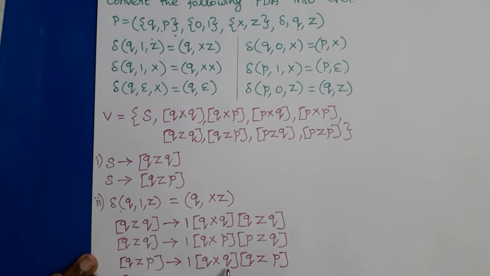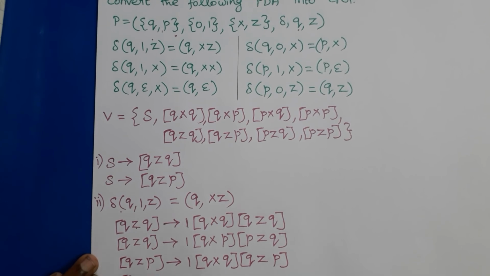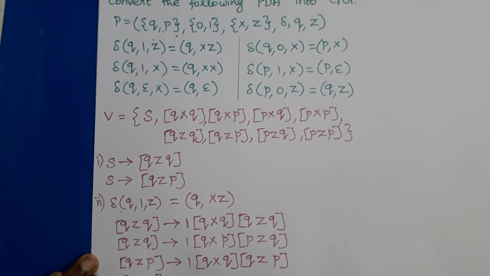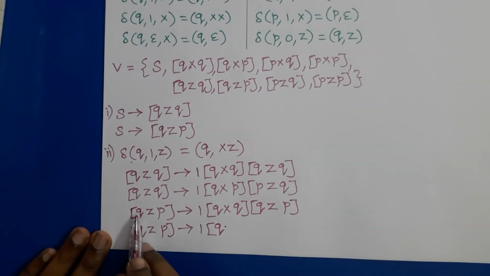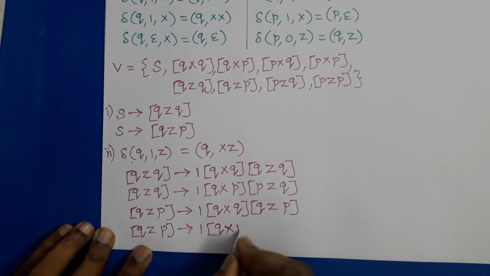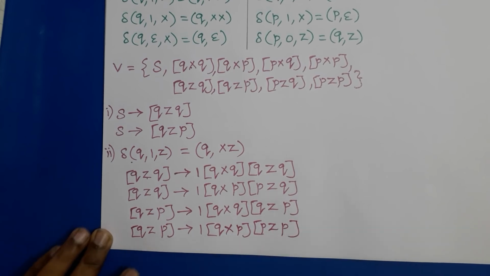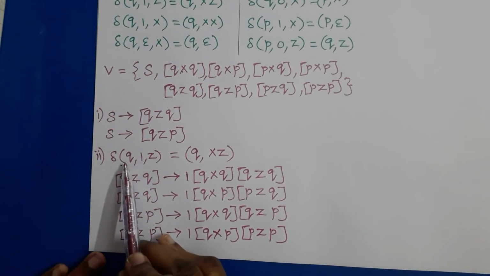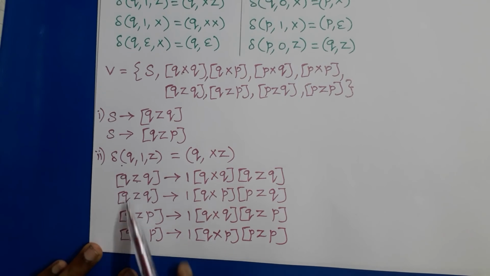So now I need to write the same production with P in the middle. So QZP tends to 1 QXP PZP. Okay, so this state must be written here.